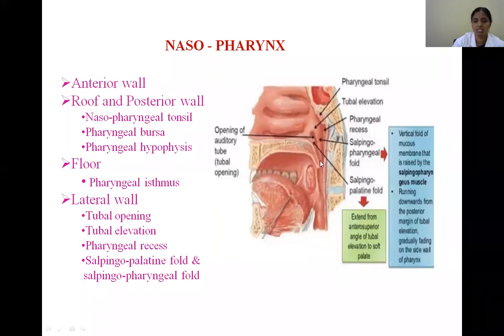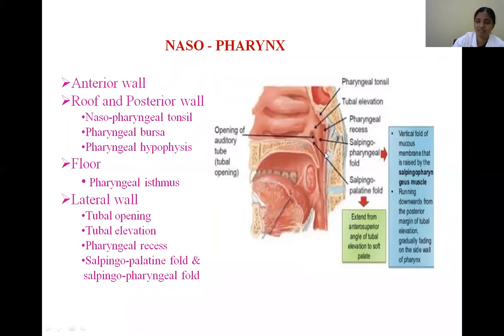Then what is this pharyngeal isthmus? The pharyngeal isthmus is bounded in front by the soft palate and on either side by the palatopharyngeal fold, and behind it is limited by a mucosal elevation, which was already discussed in the soft palate.